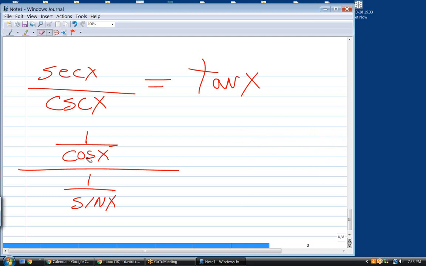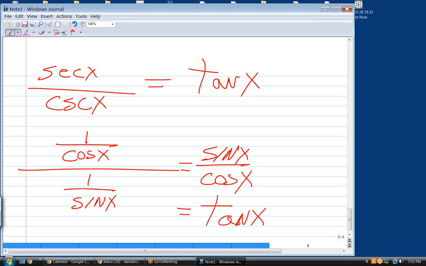Because you frequently are going to have a fraction in your numerator and a fraction in your denominator. So when I reciprocate the bottom and multiply, I get sine over cosine. And now using our quotient identity, that makes tangent, and that's what we're trying to do. Okay, that's not that bad.